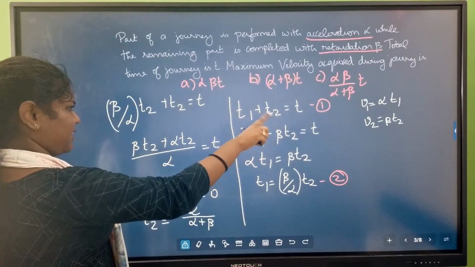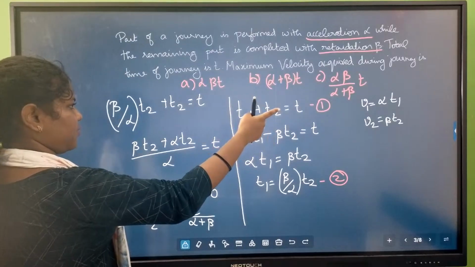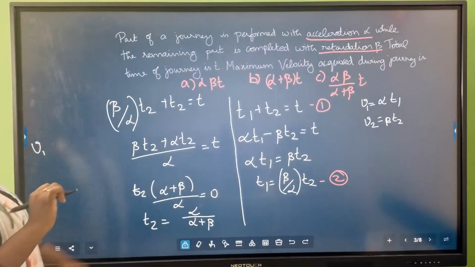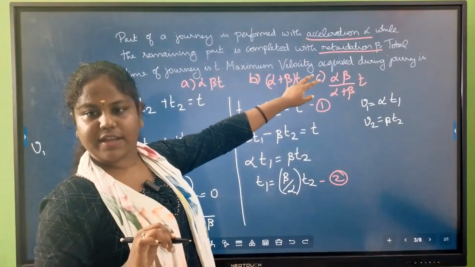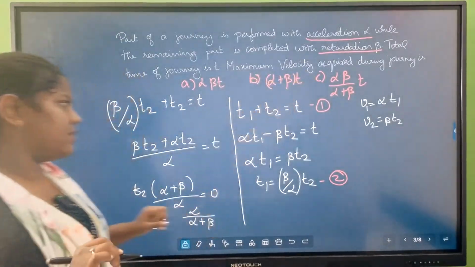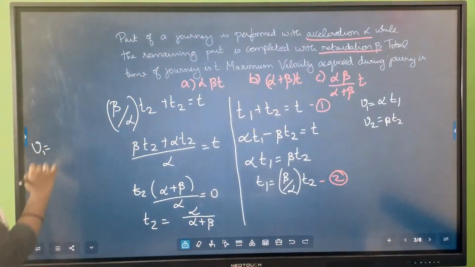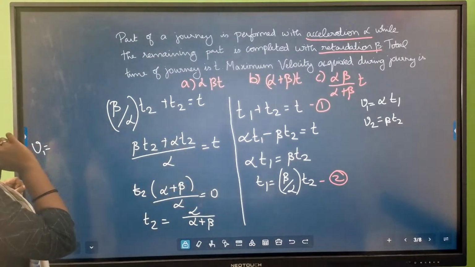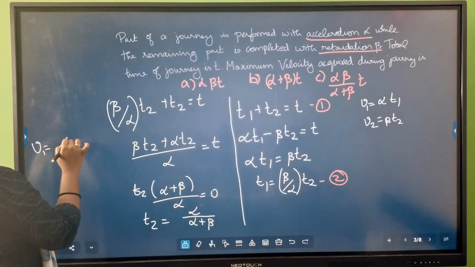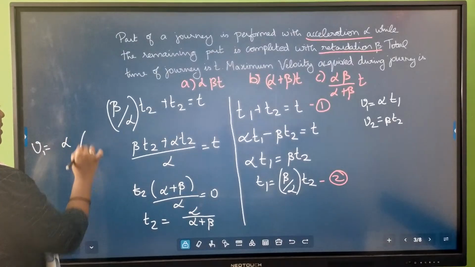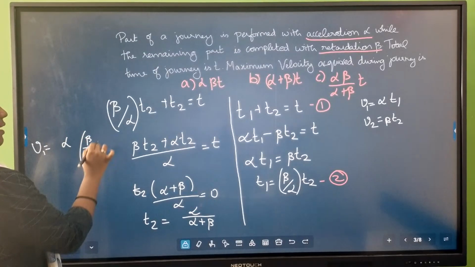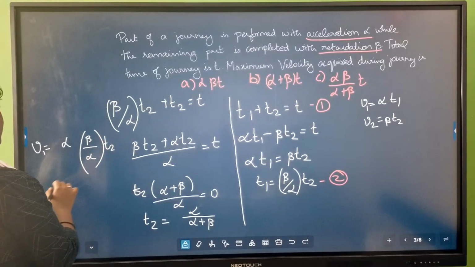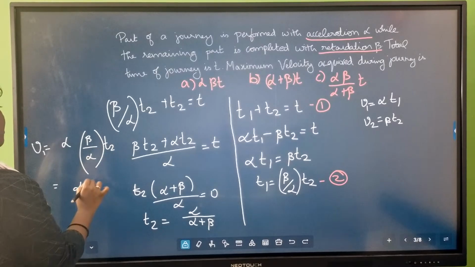இப்போ நம்ம இதுல ஏதாவது ஒரு ஈக்குவேஷன்ல you can substitute. So v1 ல substitute பண்ணோம்னா you can get the maximum velocity because your question is you have to find the maximum velocity. t1 ல substitute பண்ணோம் கரெக்ட்டா. So alpha into t1, beta by alpha into t2.